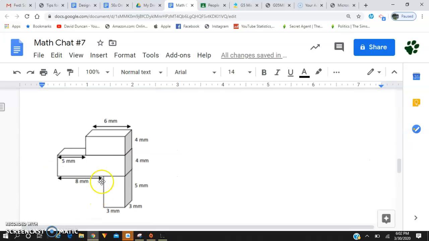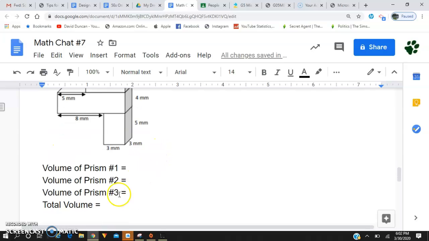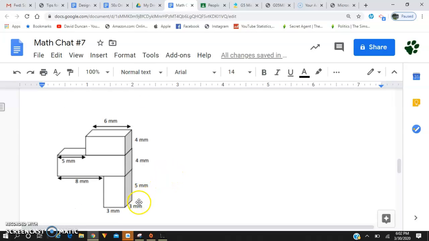Scroll down. This one is 3 irregular prisms. And I've given you guys the space to get 3 of the prism calculations down. Just notice that the width of each one of these prisms is identical. So the width of this one is 3, this one is 3, this one is 3, okay?